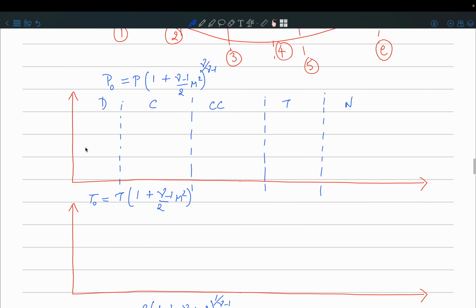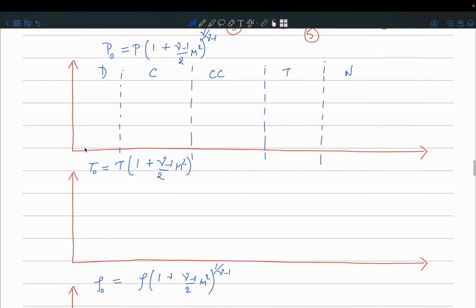Stagnation pressure will change only when there is any work or heat added to the system or subtracted from the system, right? Okay, yeah. So stagnation pressure is going to remain constant in the diffuser, but in the compressor, remember, work was being added, so then the stagnation pressure is going to increase.